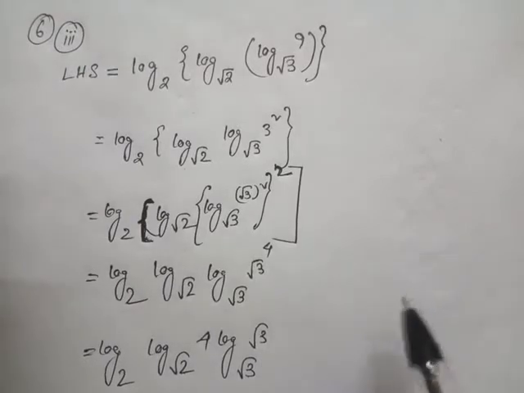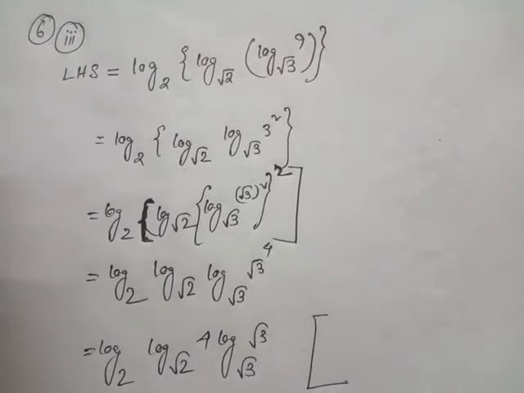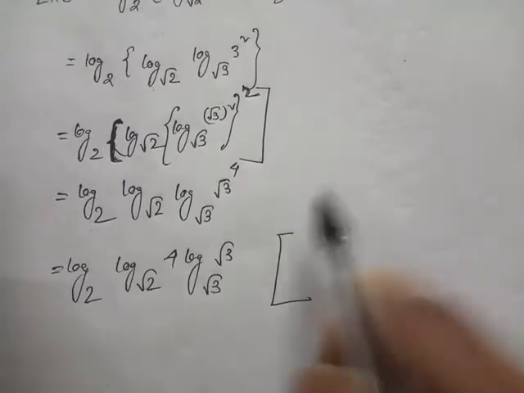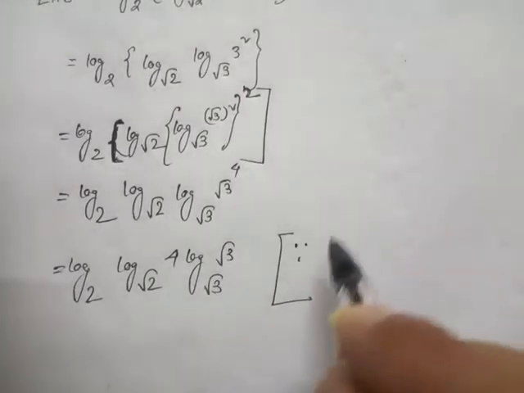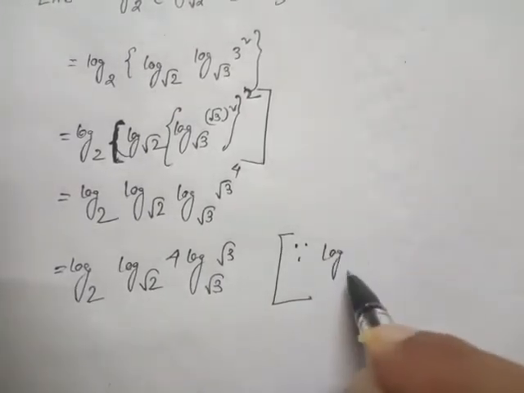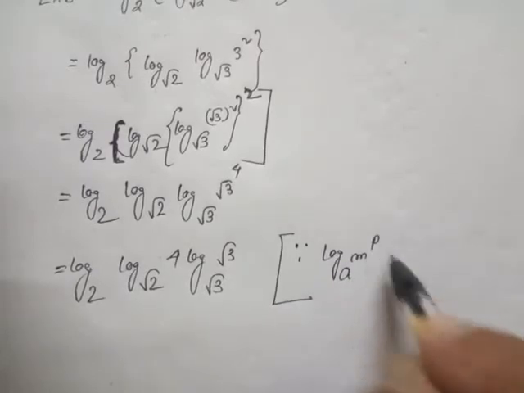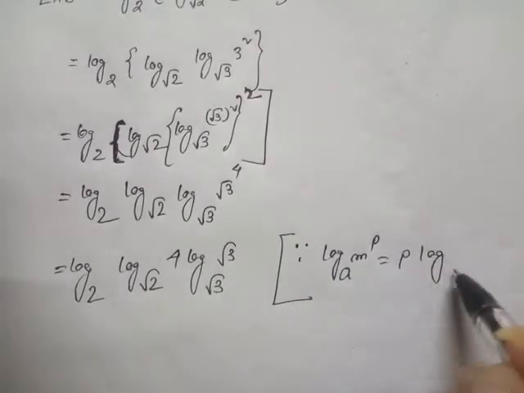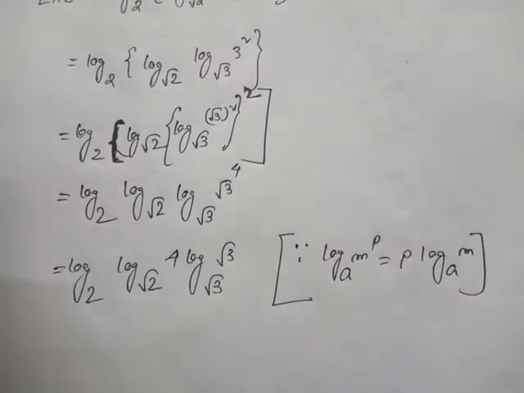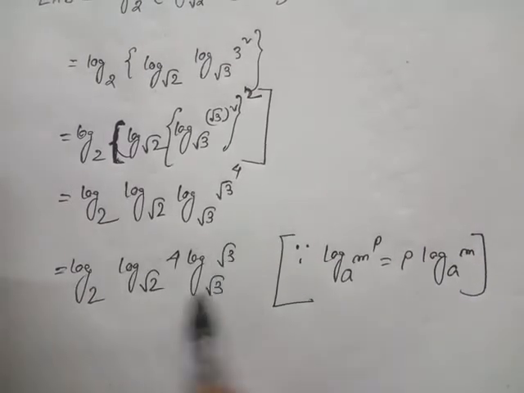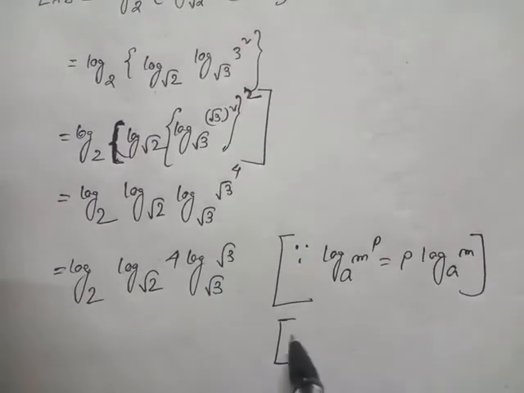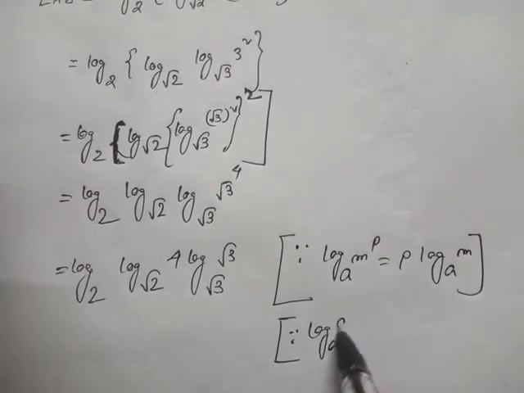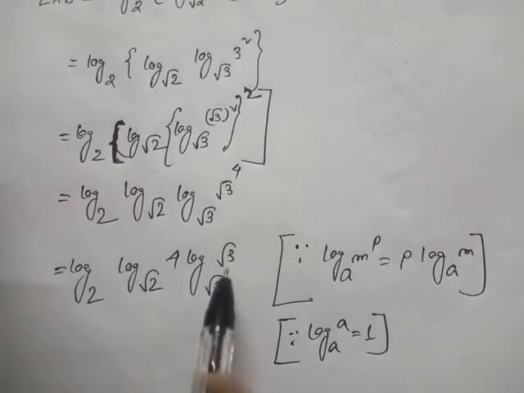So student, here this could be the formula that log a m to the power p equals p log base a m. This formula I am using here in this case, and since log base a of a equals 1, this could be 1.